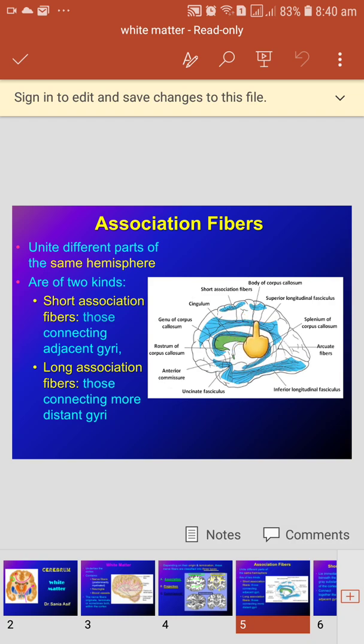Then long association fibers, those connecting more distant gyri. As you can see in this diagram, these are the long association fibers. These are also the long association fibers because they are connecting the distant gyri.